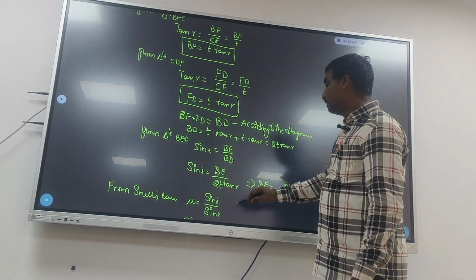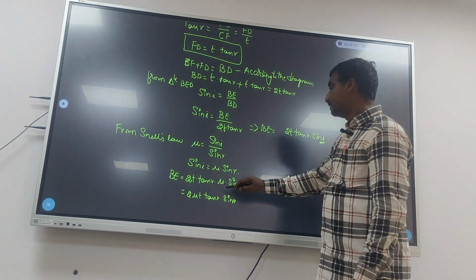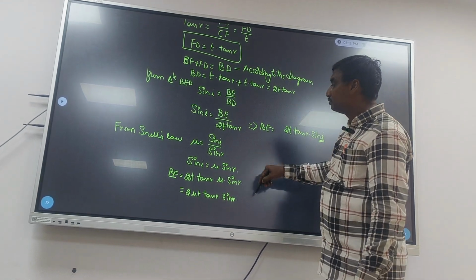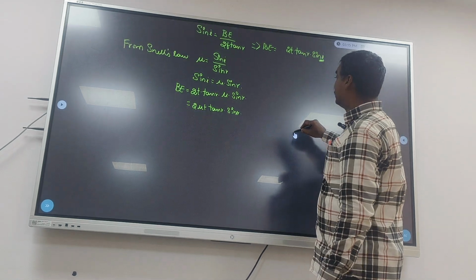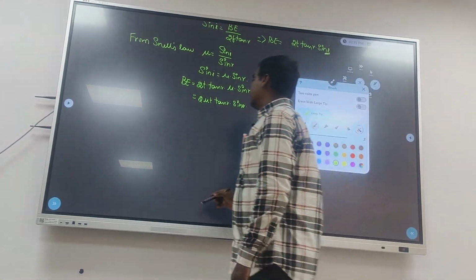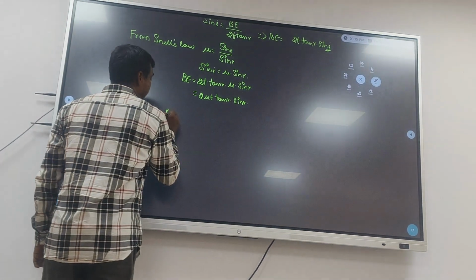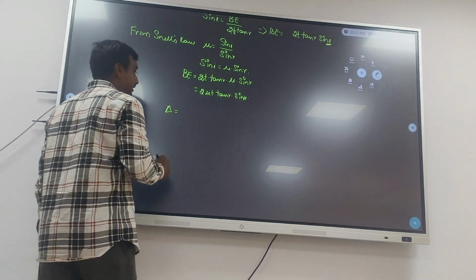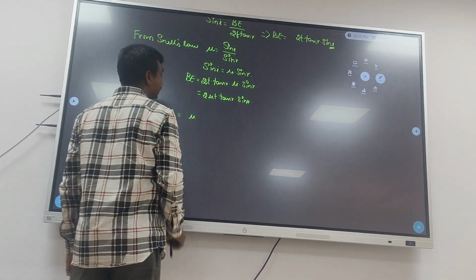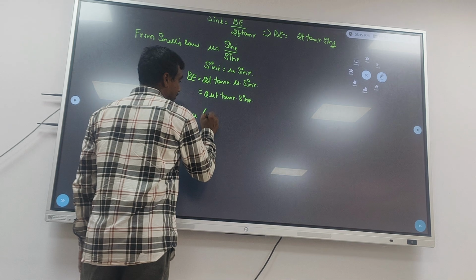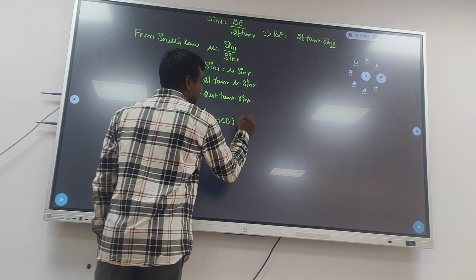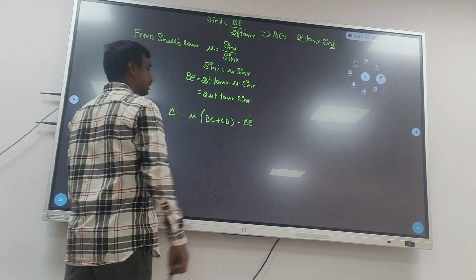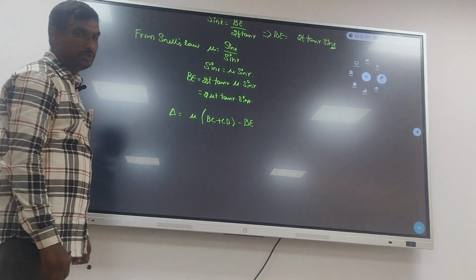So these three values will be substituted in the formula. What is the formula? Again I am writing the formula for finding the path difference: delta is equals to mu into BC plus CD minus the extra distance travelled by the first ray, that is BE.